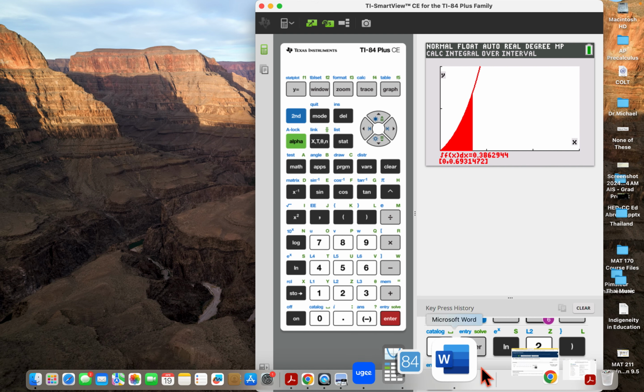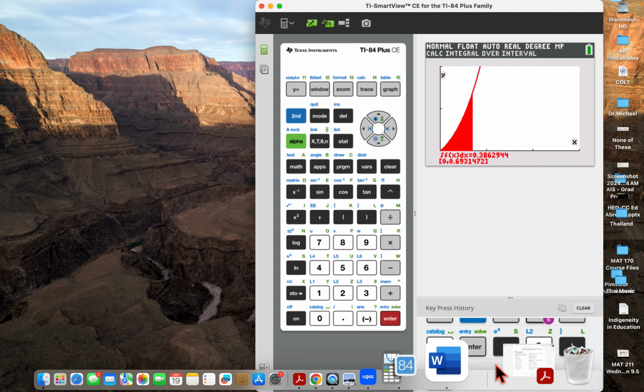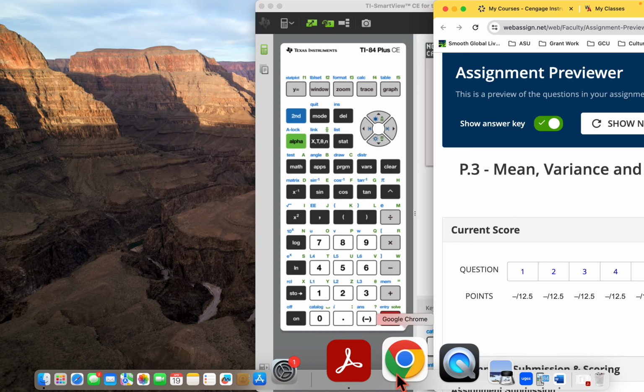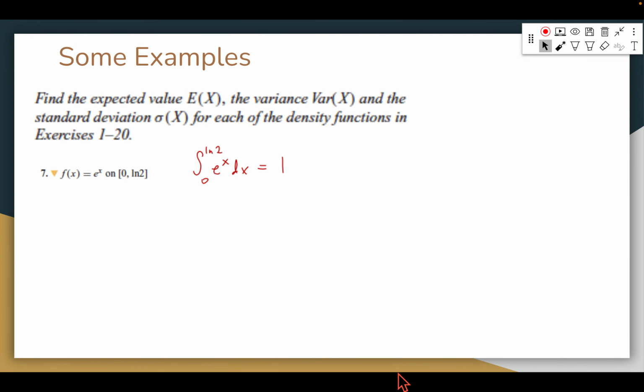We come back here, and I'm going to put: check that it's a probability distribution.